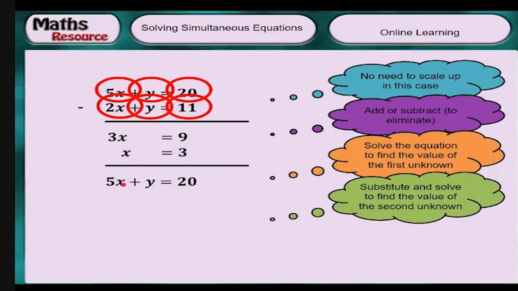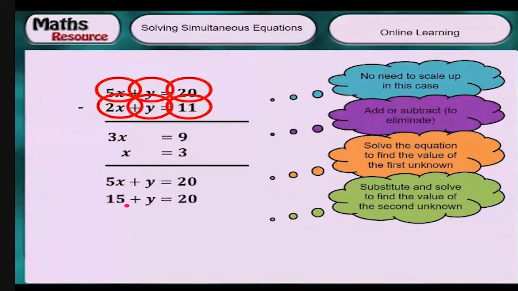Now I know that x equals 3. So remember, a coefficient and a letter together means 5 times x. Now I'm replacing x with 3, so it's 5 times 3. So 5 times 3 is 15.